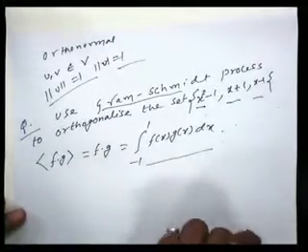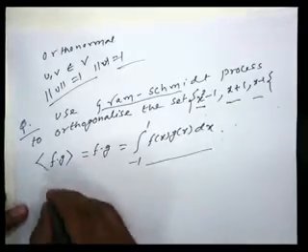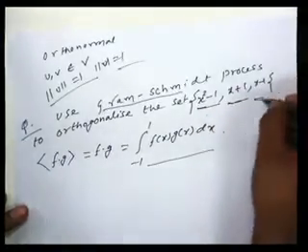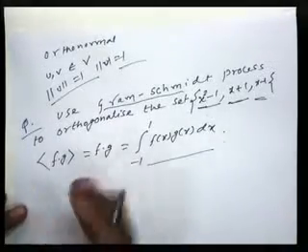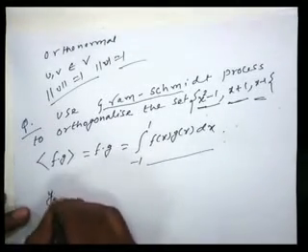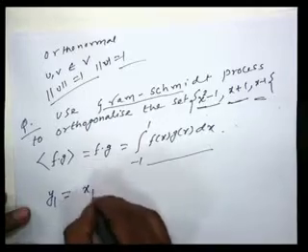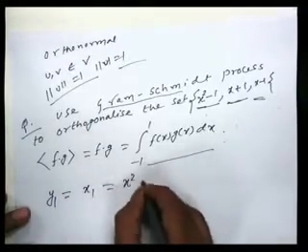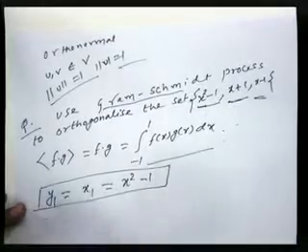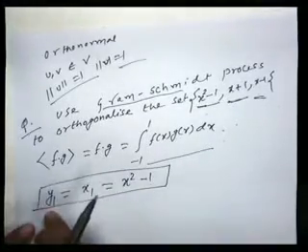So what is our x1? I can say this is our x1 value, this is our x2 value, and this is our x3 value, right? So we can simply calculate y1, which is nothing but equal to x1, which is given as x square minus 1. This is our calculated value of y1, which is one of the orthogonalized vectors.